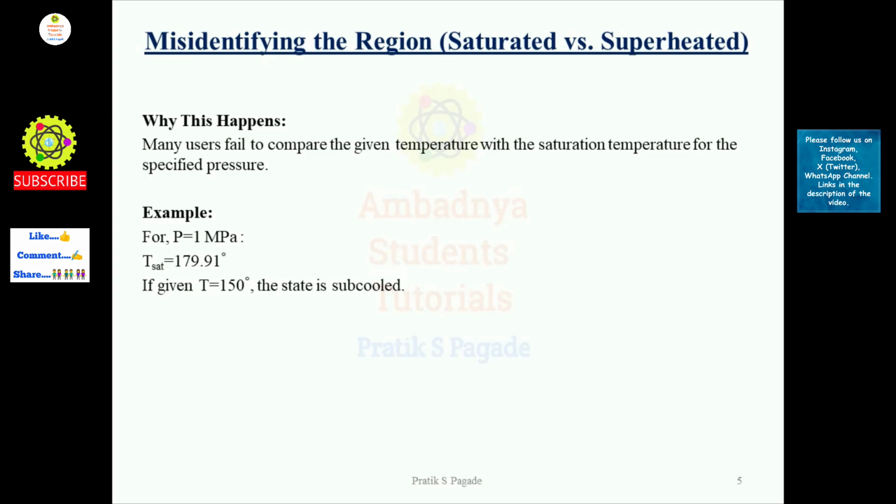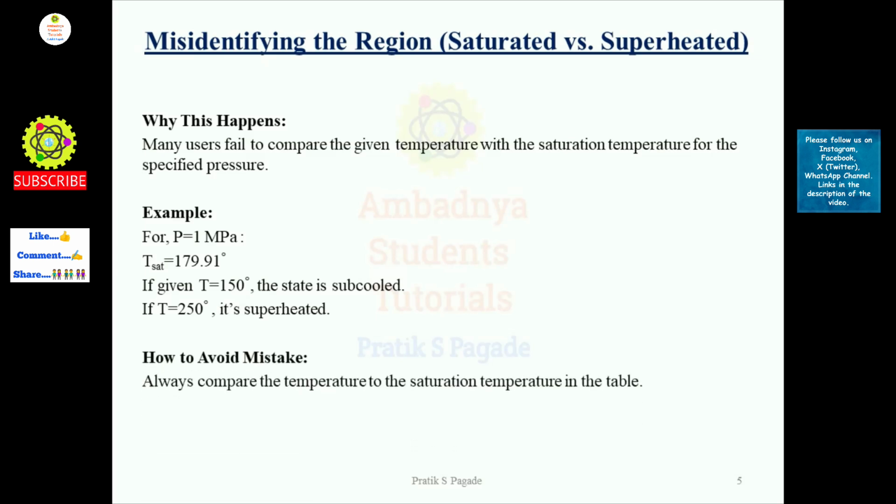If the given temperature is 150 degrees Celsius, then the state is subcooled. If the temperature is 250 degrees Celsius, then it is superheated. To avoid these mistakes, always compare the temperature to the saturation temperature in the table.